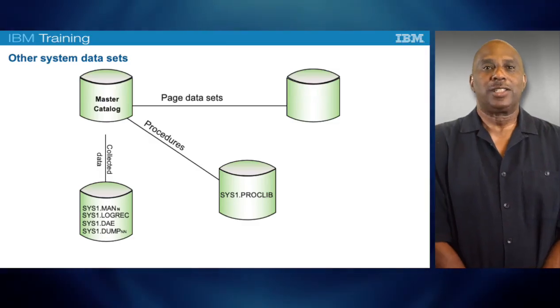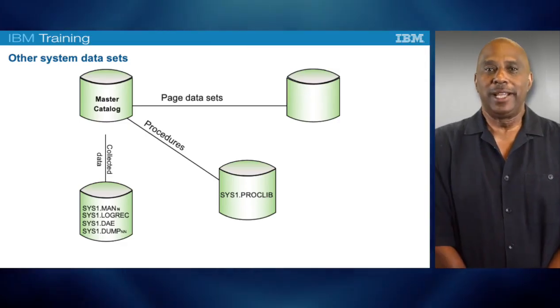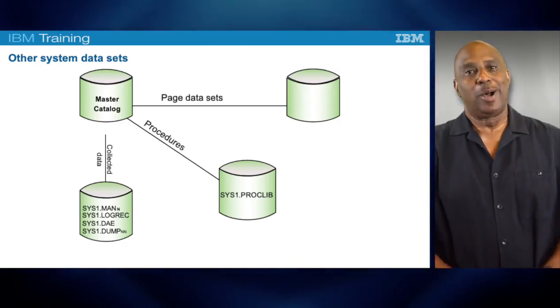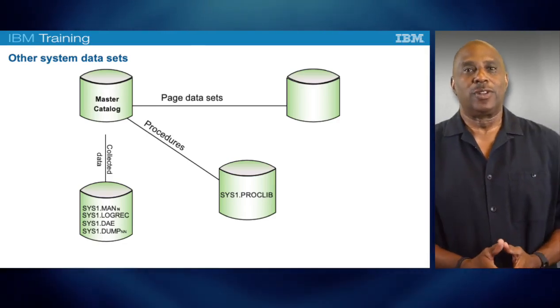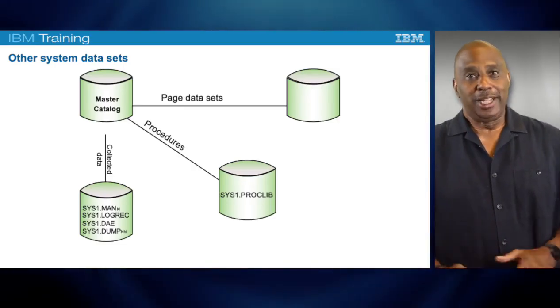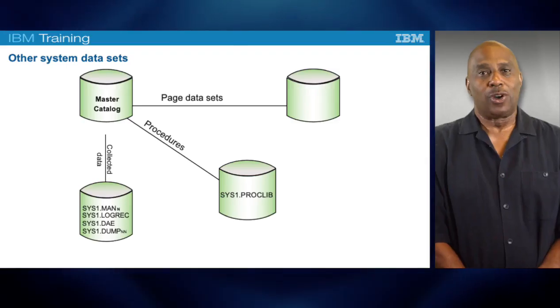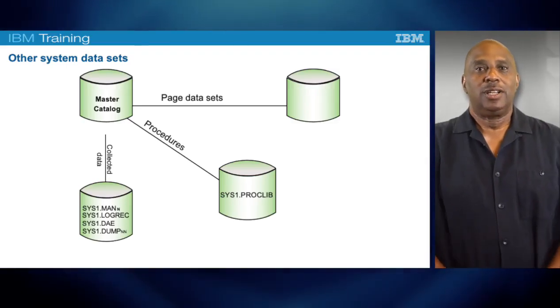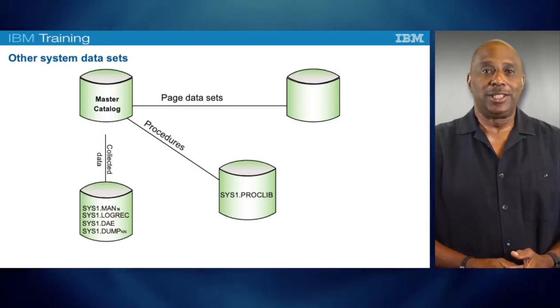The LOGREC data set is also an optional data set that contains statistical data about machine failures, about processor failures, our device failures, channel errors, and so forth. It also contains records for programming error recording, the missing interrupt information, and dynamic device reconfiguration, or what we call DDR routines. Although this data set is optional, it's very wise to have this data set in your system.